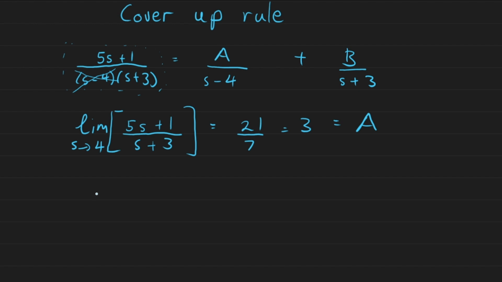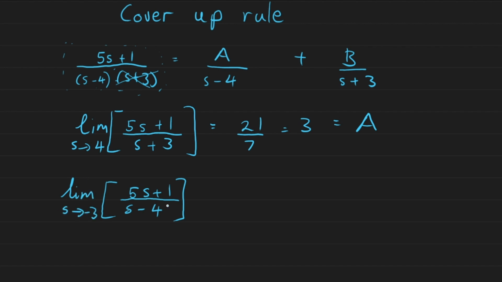To determine B, we do the same thing. Instead of blocking s − 4, we block s + 3. We write what's left, which is (5s + 1) divided by (s − 4), and we take the limit as s now approaches −3.